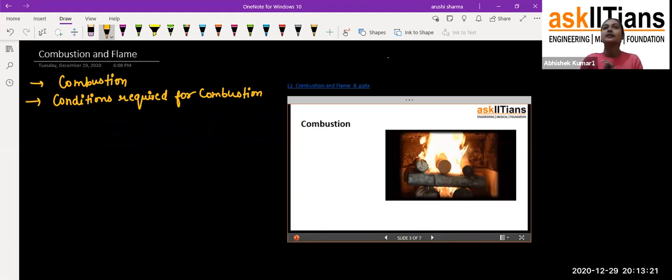Now, why have I given you this winter example? In winter it is very cold outside, and if we don't have electrical heaters, another option is wood logs or something made of wood that you are not using.